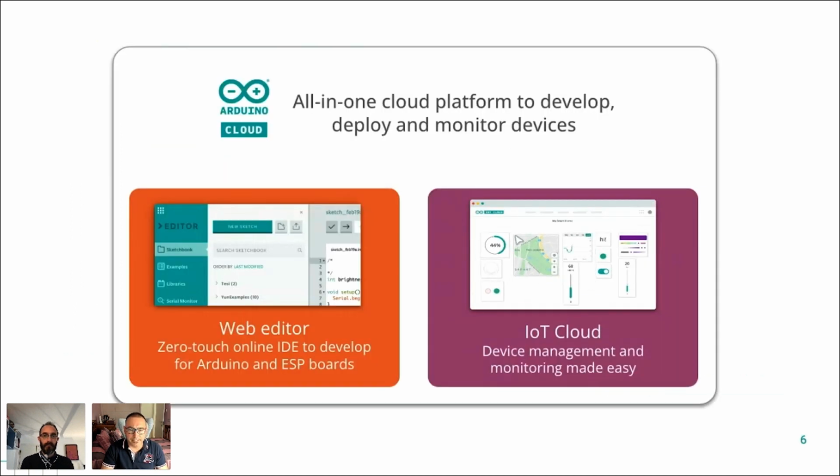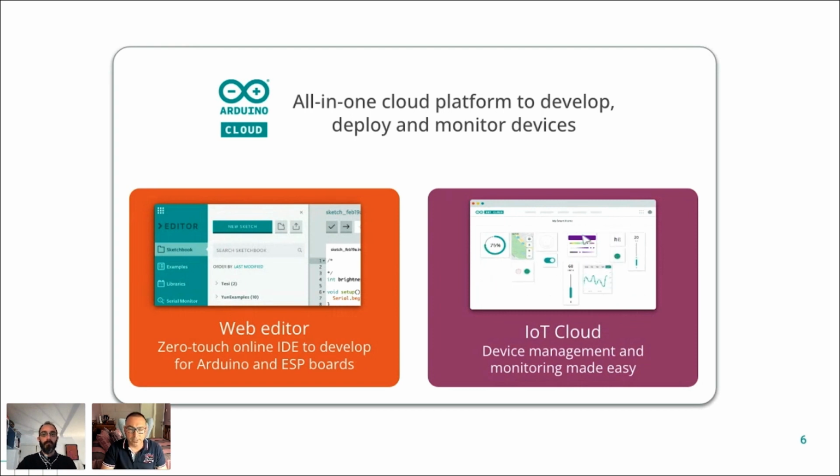That said, let's get started with the basics. The Arduino Cloud is a concept that identifies the whole platform. It's an all-in-one platform that can be used for development, deployment, and device monitoring and control. The platform has two main applications, the online web editor and the IoT Cloud. On the one hand, the web editor is the online alternative to the classic Arduino IDE.